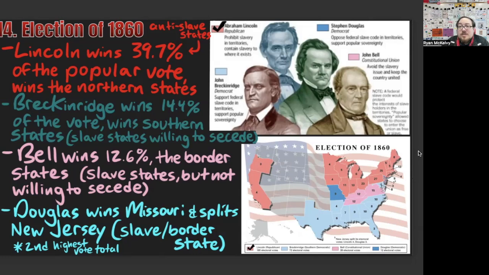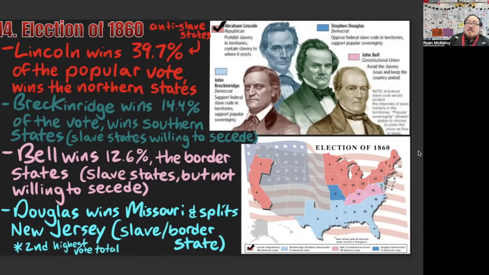So Lincoln gets the most votes, but doesn't get a majority of the popular vote. Breckinridge gets the second most electoral votes, but only the third most popular vote. Bell gets the third most electoral votes, but the lowest vote total. And Douglas gets the lowest amount of electoral votes, but the second most votes.